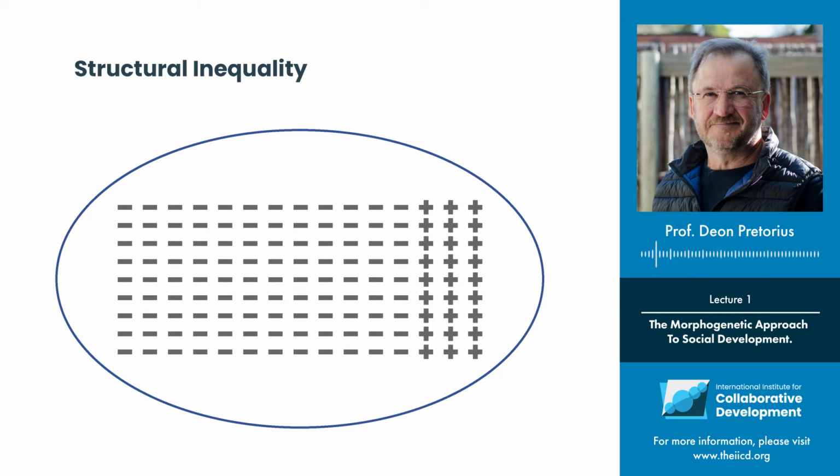In the South African context, the relationship between pluses and minuses typically takes on a ratio of about 80 to 20, where there are about 20% of pluses and 80% of minuses.